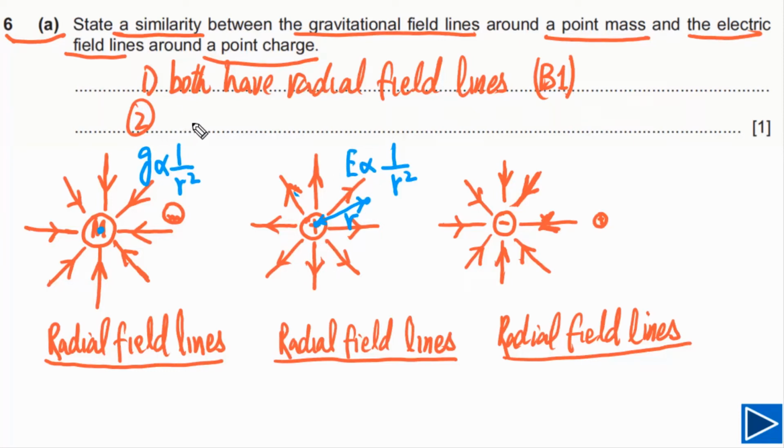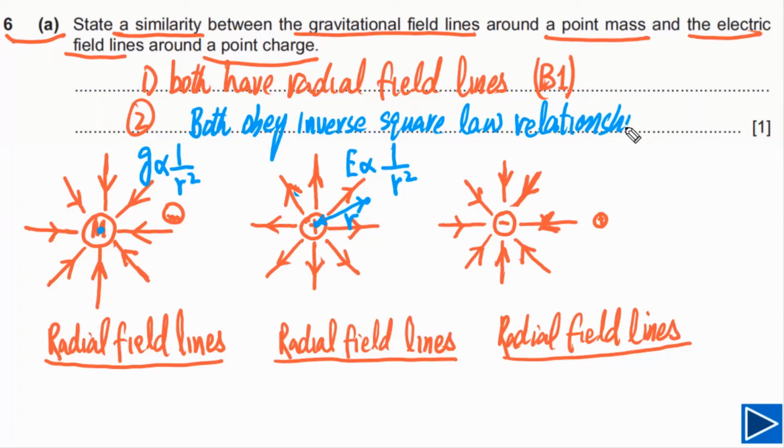So the second thing we can say is that both obey the inverse square law. If you want to write down the relationship, you can, but if you simply write down inverse square law, that's quite enough. So these two things we need to write down, but for this question, you just need one of them. If you write it down, you will get 1 mark.